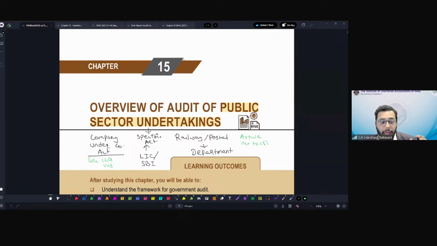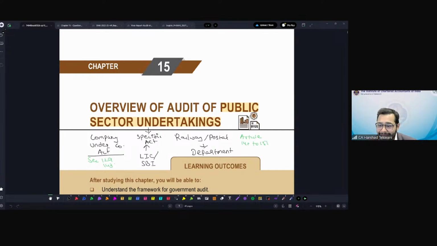For the railway and the department, the requirement comes from the Indian Constitution, that is Articles 148 and 149, where the appointment and duties of the C&AG are laid down. Article 149 is the prime article which gives the power to the C&AG to perform the necessary functions, including the audit.